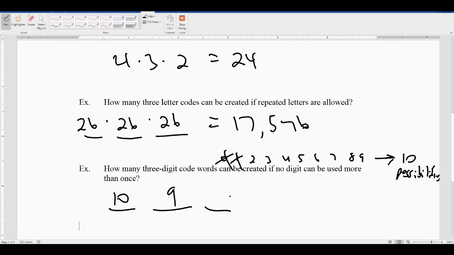Well, how many are left for the third entry? 8. So if no digit can be used more than once, you have to account for repetitions not being allowed. So that's why it decreases by 1. And then you multiply them out. 8 times 9 is 72. 72 times 10 is 720 possible code words.